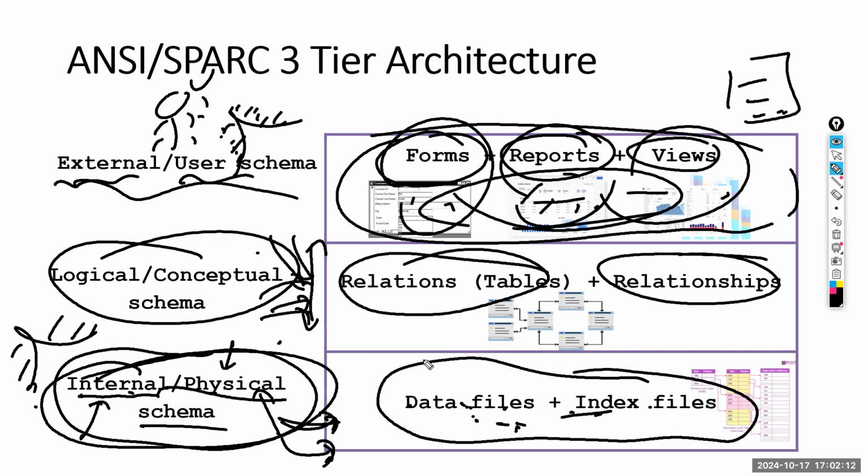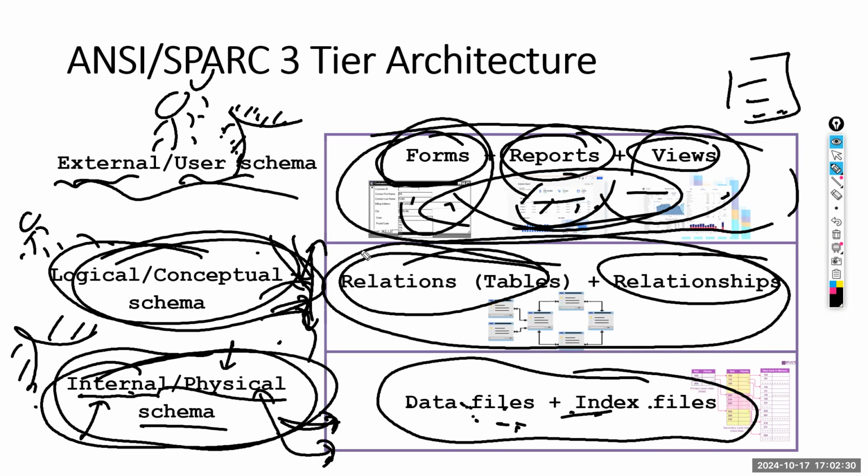I told you that databases give you a high level of abstraction, a logical view, for software developers. And that abstraction or logical view is called the logical schema or the conceptual schema. So software developers, we are interested in this level because it's more convenient, easier to work at this level than the file level.